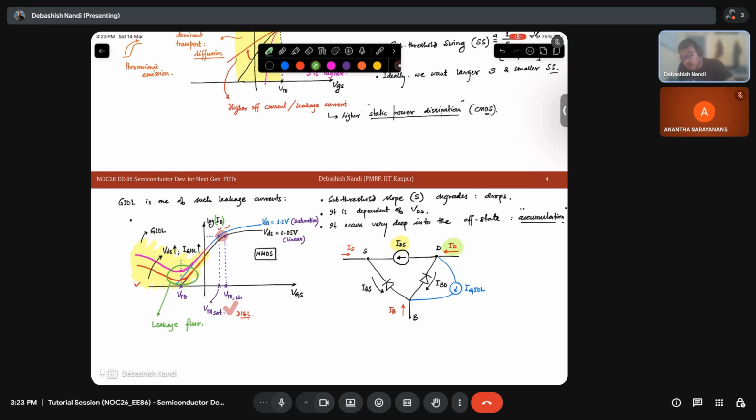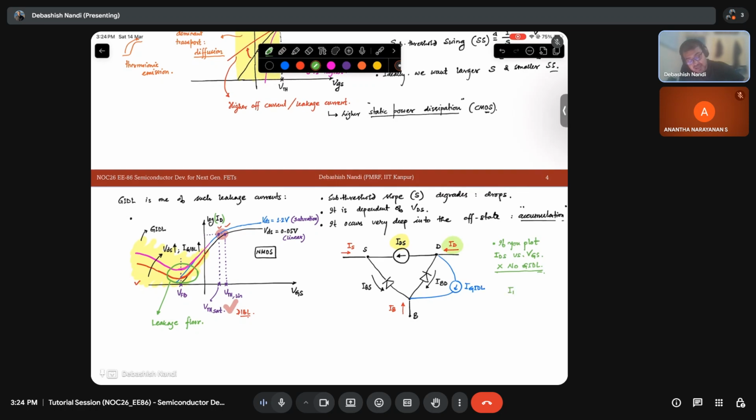So if you plot IDS versus VGS, you will not see any GIDL. To see the trace of GIDL, you need to plot ID, and also understand that physically this entire thing is sealed. Physically you cannot access it; it comes in a package.